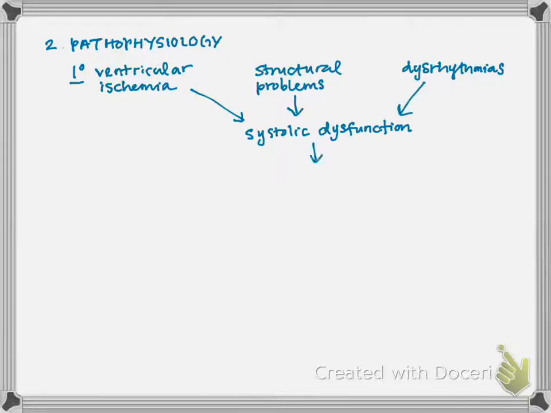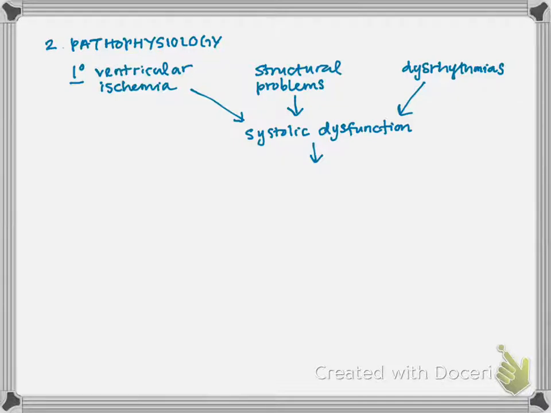What does that do to stroke volume? Does it increase stroke volume or decrease stroke volume? Decrease. Yeah, because we're not ejecting enough blood out of the heart. What is stroke volume? You guys just came out of this test. Did you dump it all? Yeah.